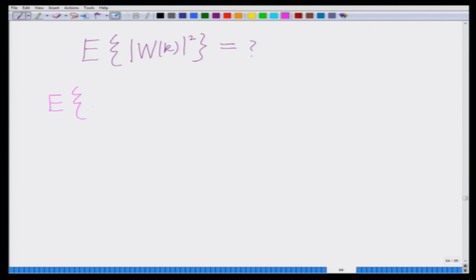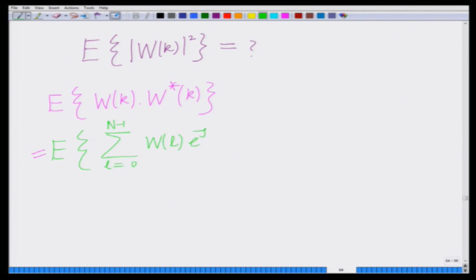The expected value of magnitude W_k square equals the expected value of W_k times W_k conjugate, which I can write as the expected value of the summation over l equals 0 to n minus 1 of w_l e to the power of minus j 2 pi k l divided by n, times the summation over l tilde equals 0 to n minus 1 of w_l tilde e to the power of minus j 2 pi k l tilde divided by n, conjugate.